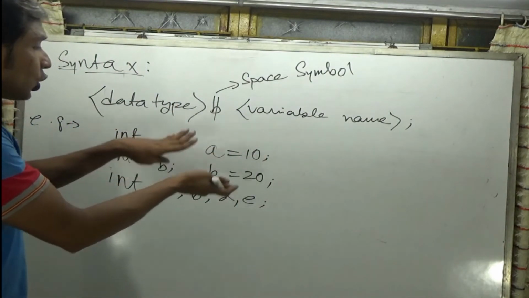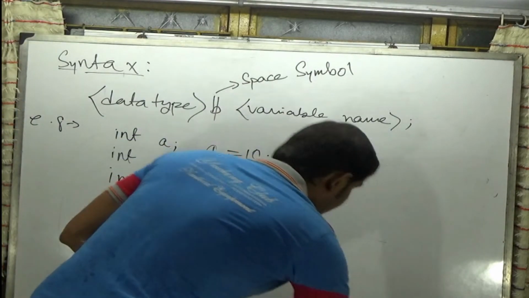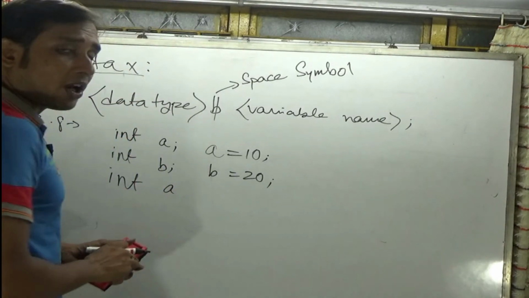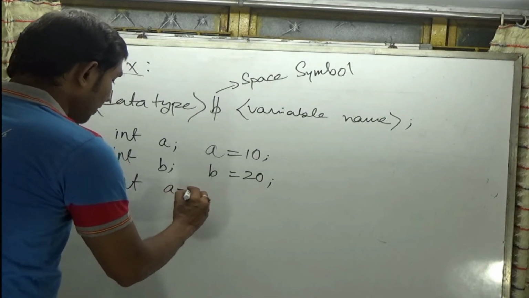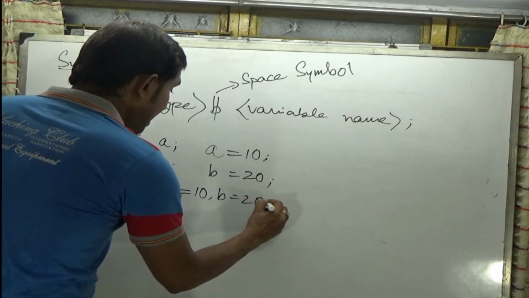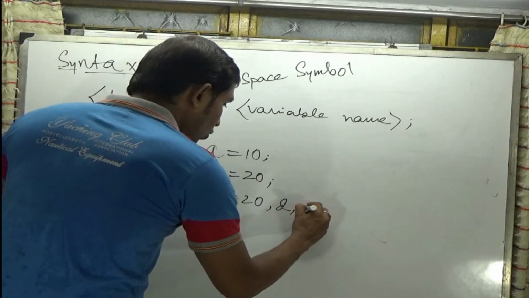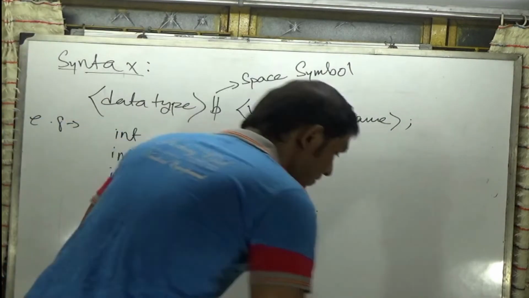But we can also write the same thing at the time of declaration if I already know the initial value of a particular variable. So we can write at the time of declaration a equals to 10, b equals to 20, and if we don't know the initial value of these two variables, I am just writing the variable name simply in this format.